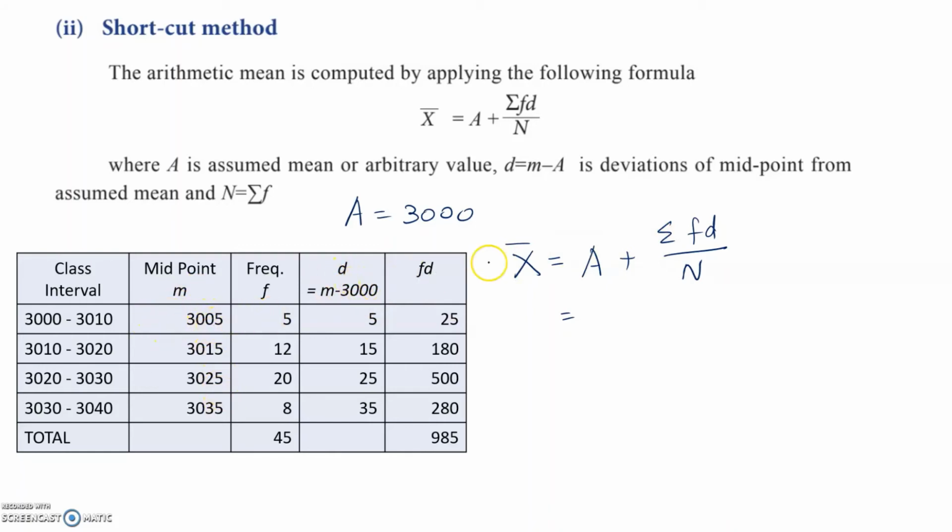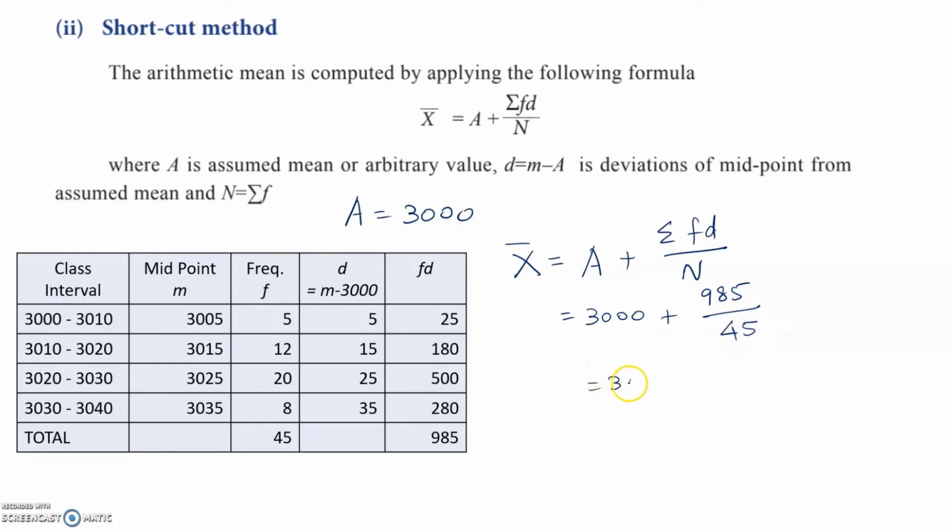So what we're going to do is, at the end, once you find the mean, you're going to add it with the assumed mean. So our A here is 3000 plus sigma fd is 985 over our sigma f is 45.